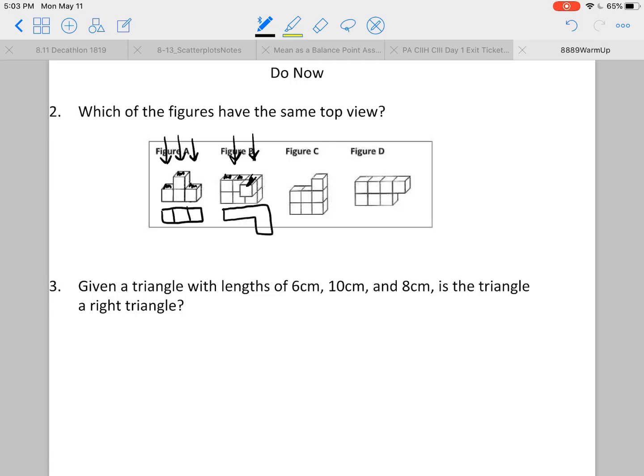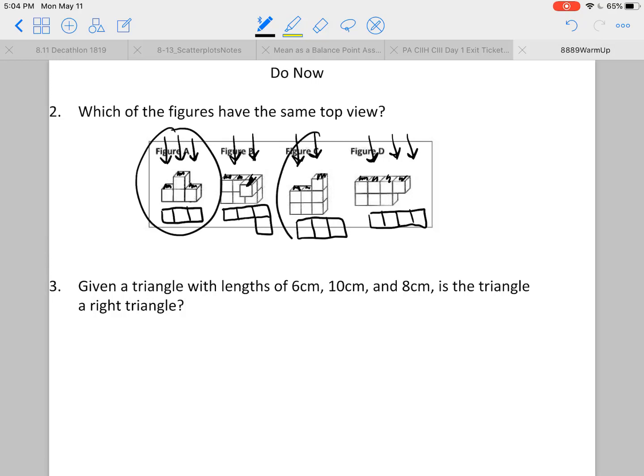So it's going to look kind of like that. Figure C, from looking down from the top, I'm going to see that, and that. So it's going to be a row of 3. And if I'm looking down on figure D, I'm going to see here, here, here, and here. So a row of 4. So that means that figure A and figure C have the same top view.